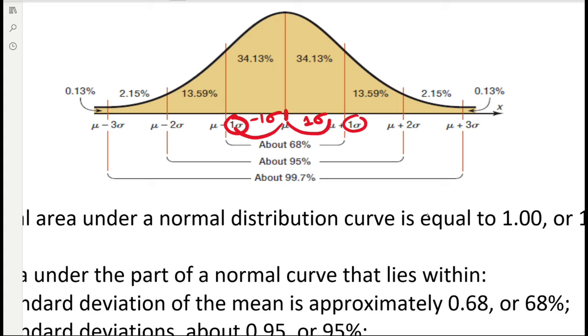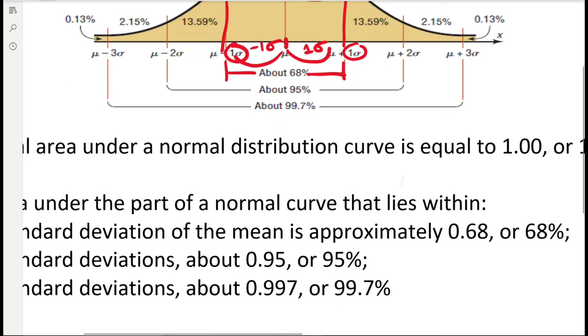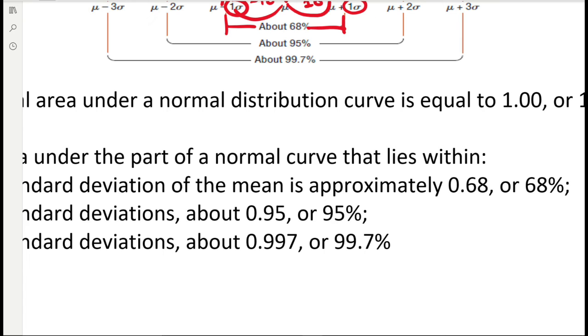Now, if we're going within 1 standard deviation on each side, well, each half of the curve is 34%. And so the entire curve is worth about 68%. So basically, the area under the normal distribution curve, when you're going plus or minus 1 standard deviation on each side, is going to be 68%, always.